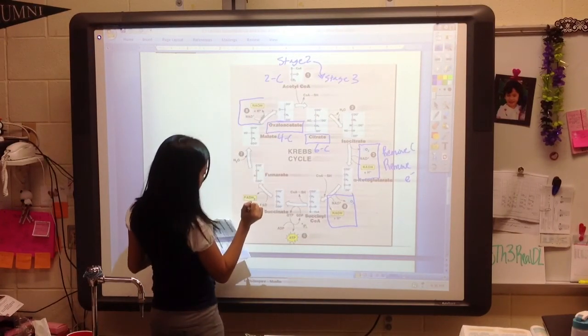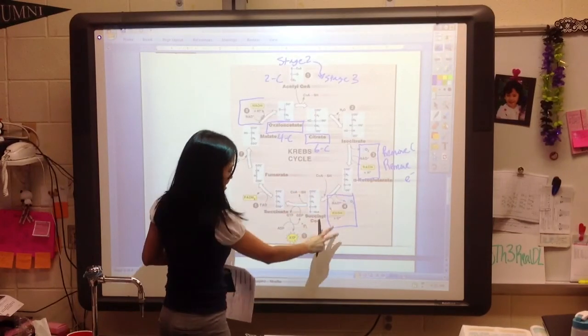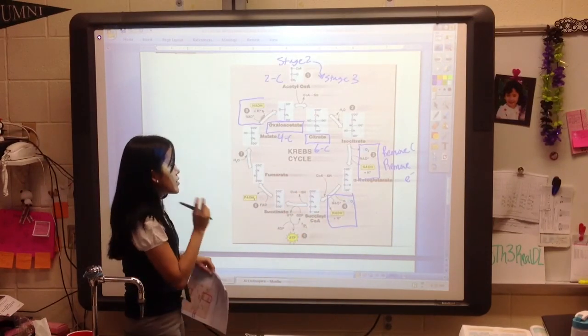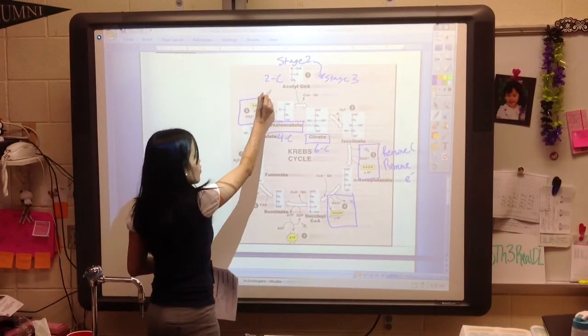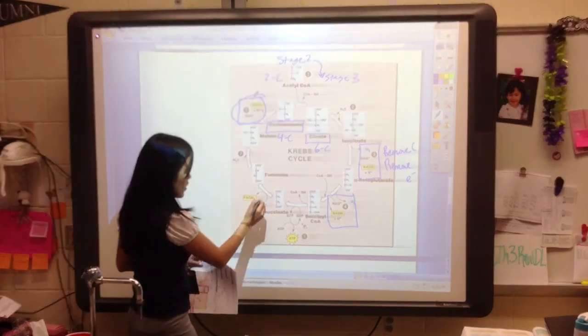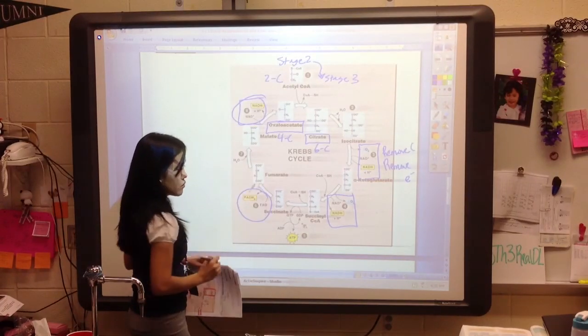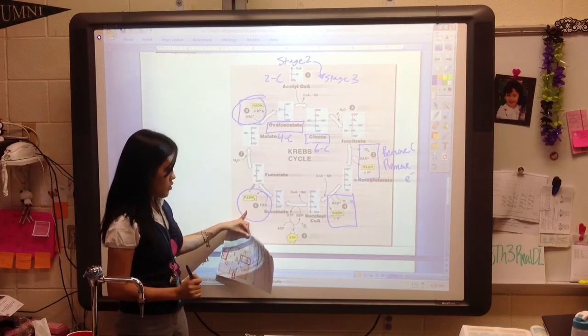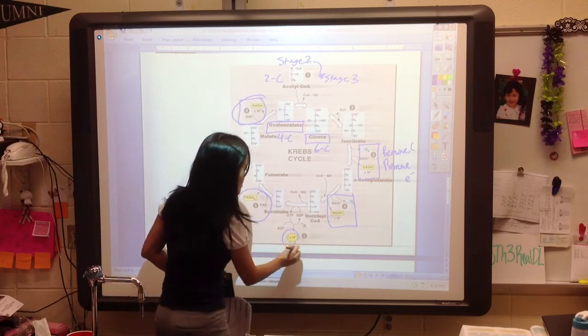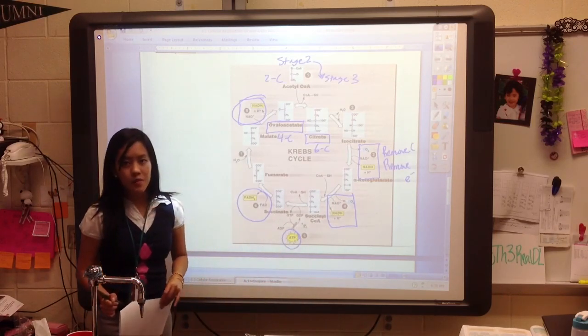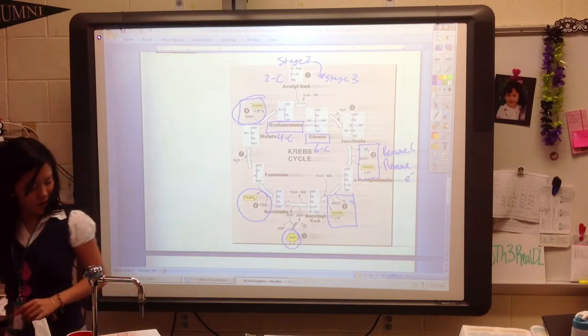Oh, no, I'm sorry. Once here and twice here. And actually we'll see other areas in which we make more NADH, FADH2, that's the first time we're seeing that molecule. And down here we're also going to be making ATP. But we'll continue with this tomorrow.